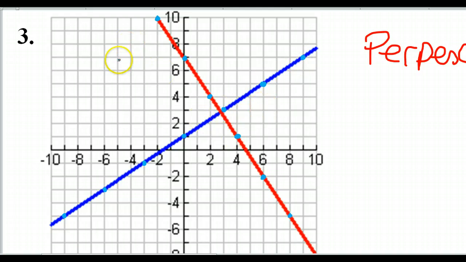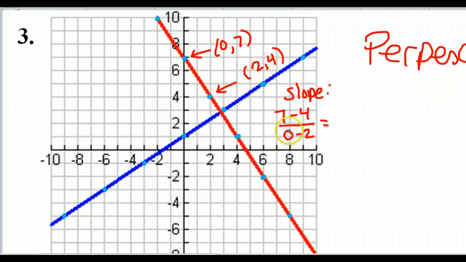But of course we're going to do the red first. Let's say if we pick these 2 points, (0, 7) and (2, 4). So the slope would be 7 minus 4 over 0 minus 2. 7 minus 4 is 3. 0 minus 2 is negative 2.